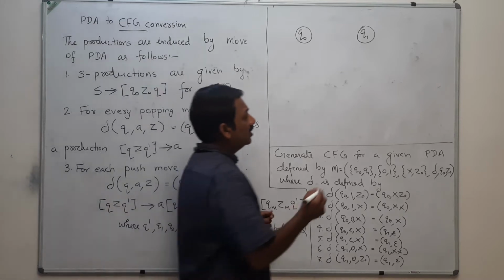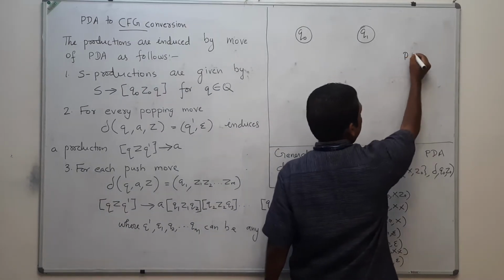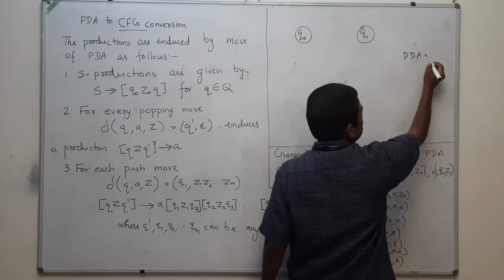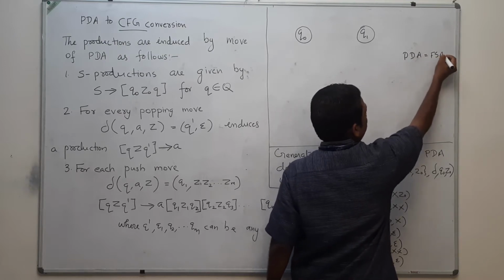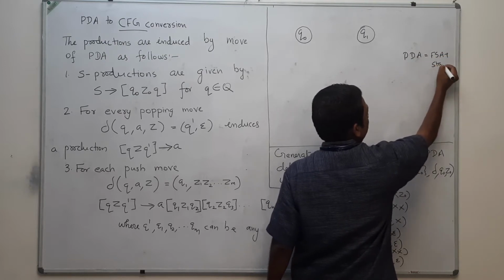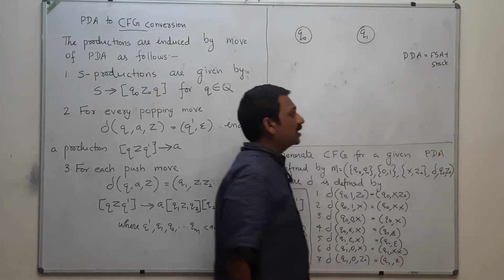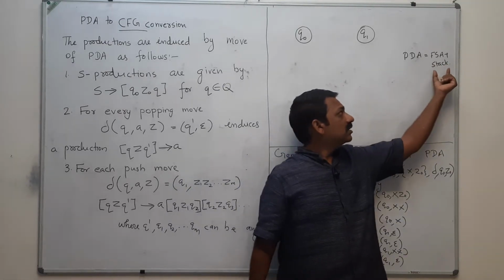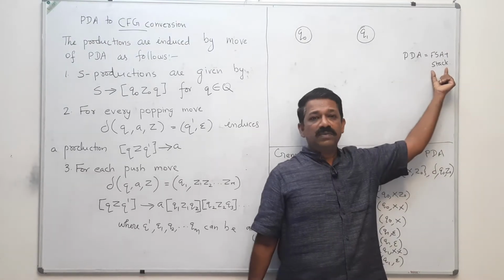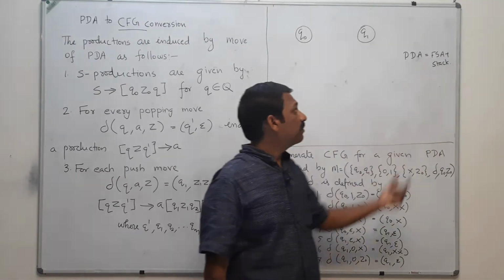A push-down automaton is a finite state automaton plus a stack. The stack is used for memory.